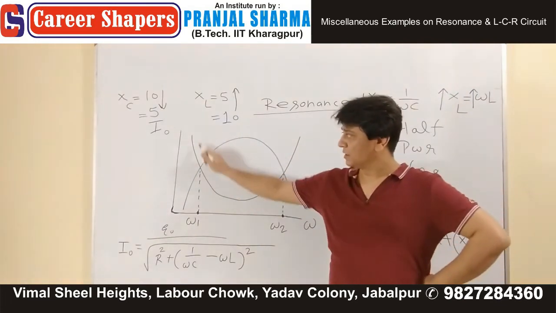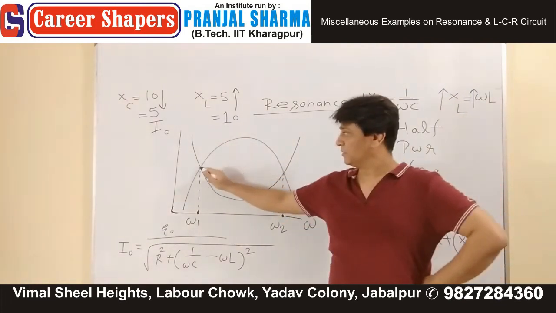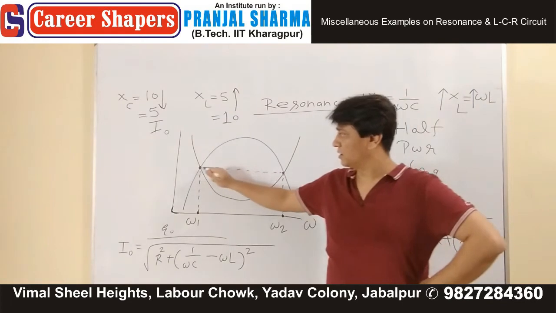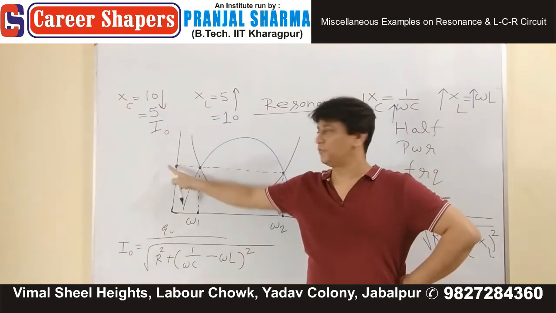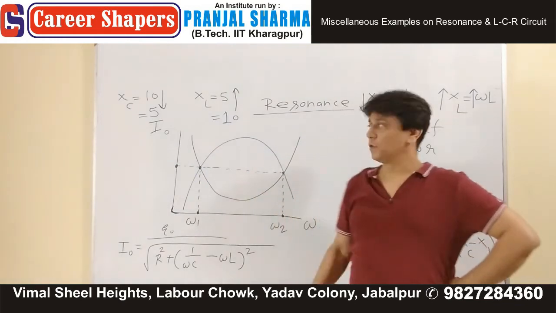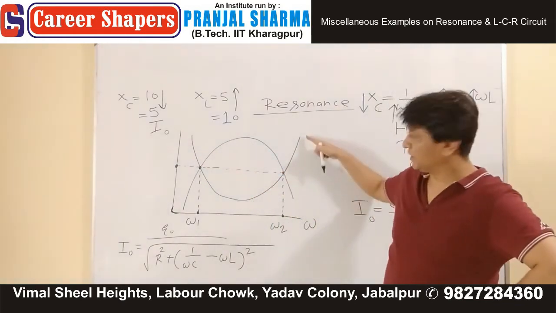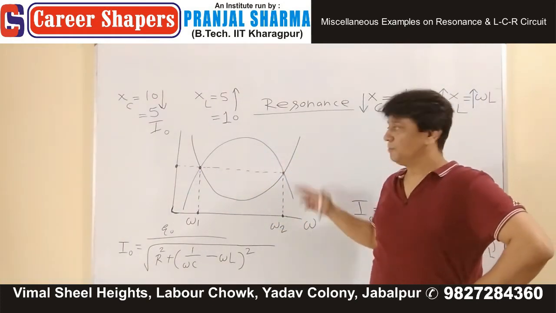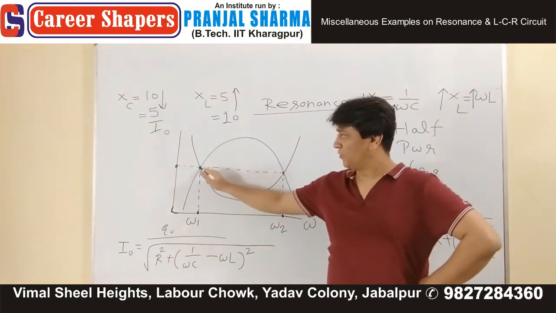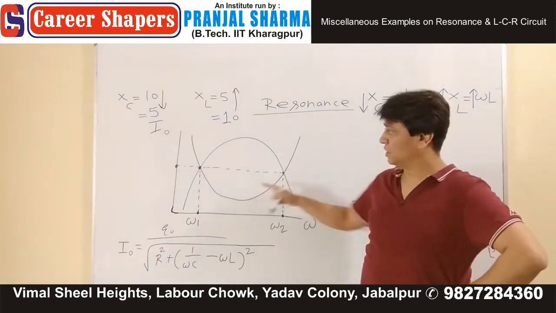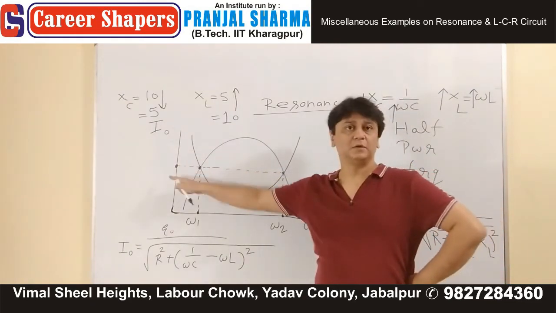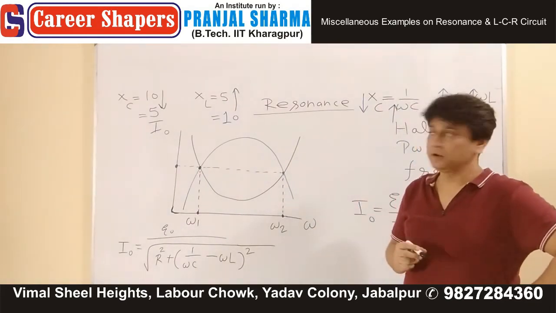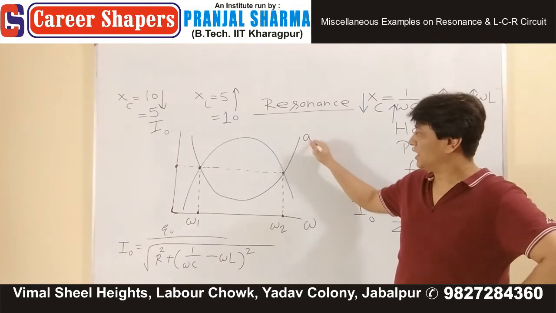For omega 1, if you look at the black graph, there are two values of omega, omega 1 and omega 2, but you're getting same value of I naught. And therefore, shape of graph should be either of this format or should be of this blue type. Blue type is also giving you the same thing. For omega 1 and omega 2, graph gives us what? Same value of I naught. And therefore, now the option should be, let's say, between A and B.